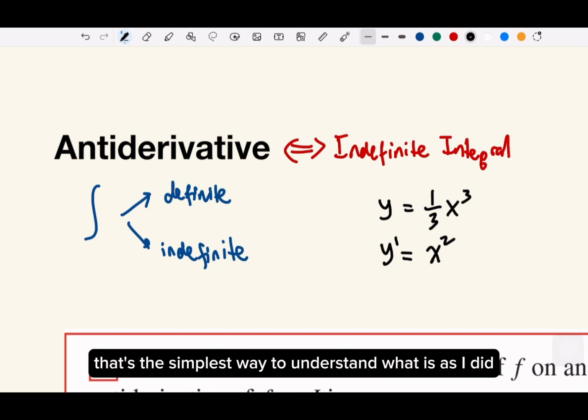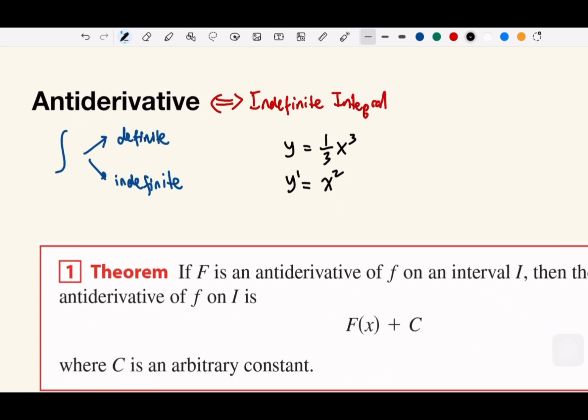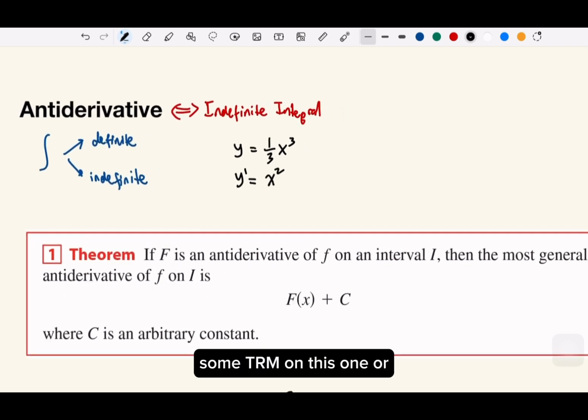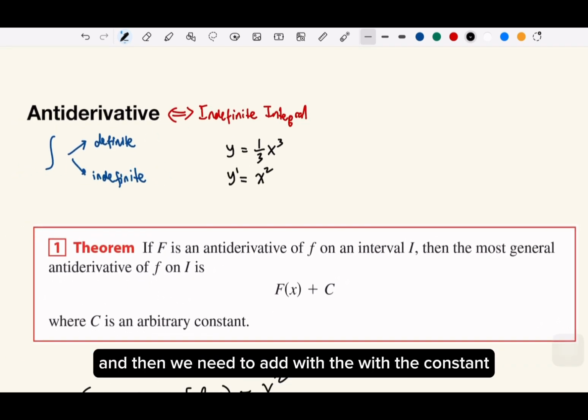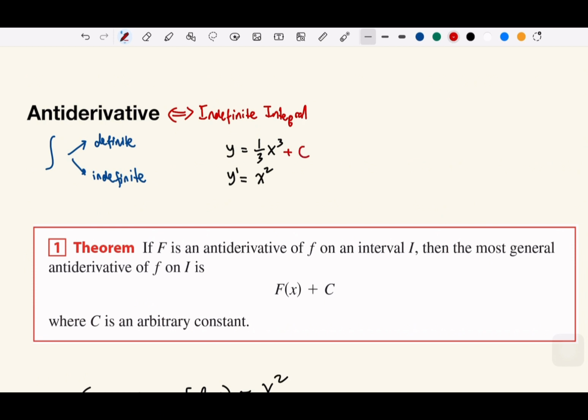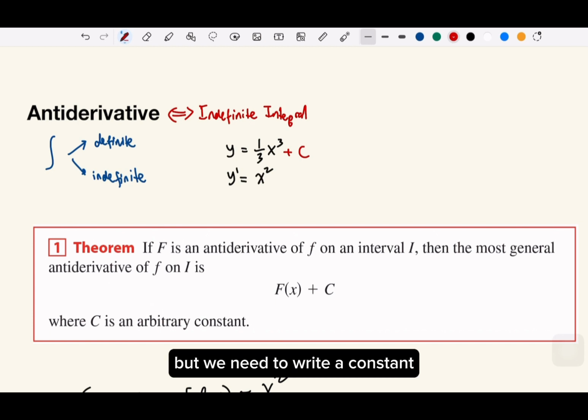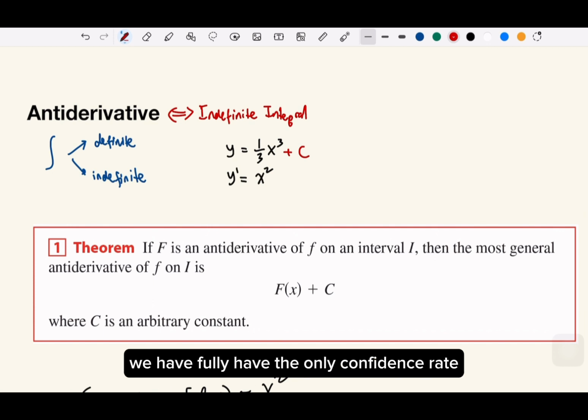Now basically that's the simplest way to understand what an antiderivative is. Okay. So we can make some theorem on this one, and then we need to add a constant. Because a constant, if we derive it, goes to 0, so we're not sure yet whether we have a constant or not, but we need to write a constant to make sure that if we derive, we have all the components ready.